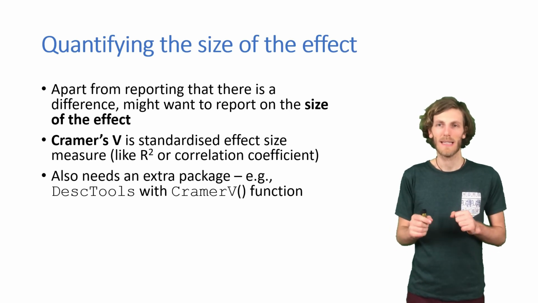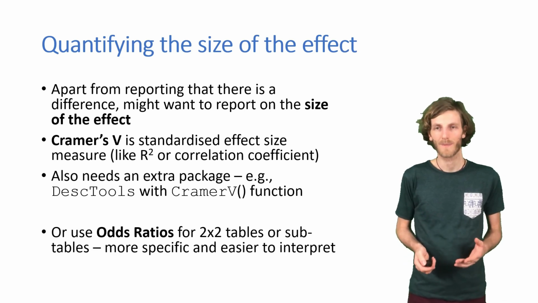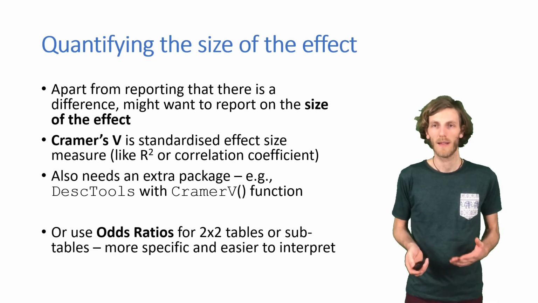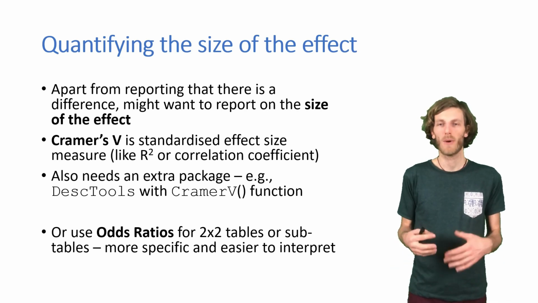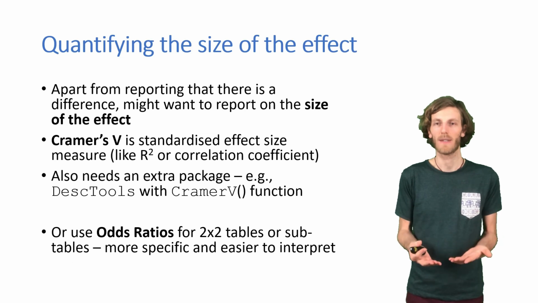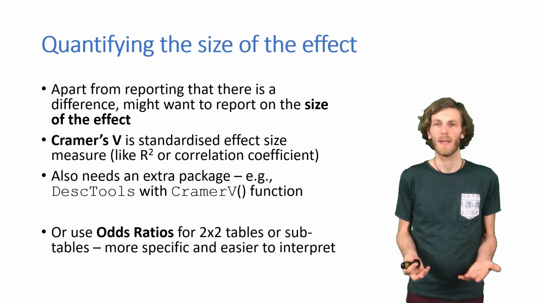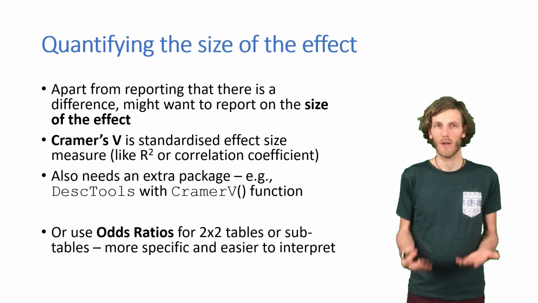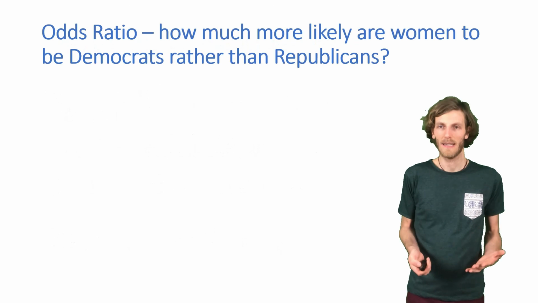Whenever we are interested in specific categories, calculating odds ratios is a lot more helpful. Because when I now tell you women are more likely to identify as Democrats than men are, your natural question would be, how much more likely? That's where the odds ratios come in. So how would we figure this out?